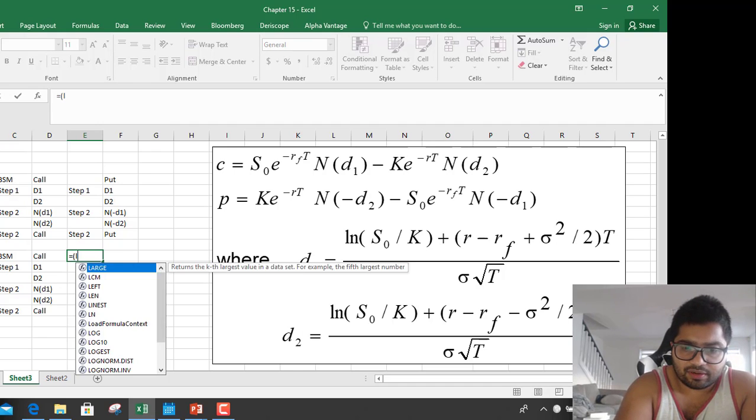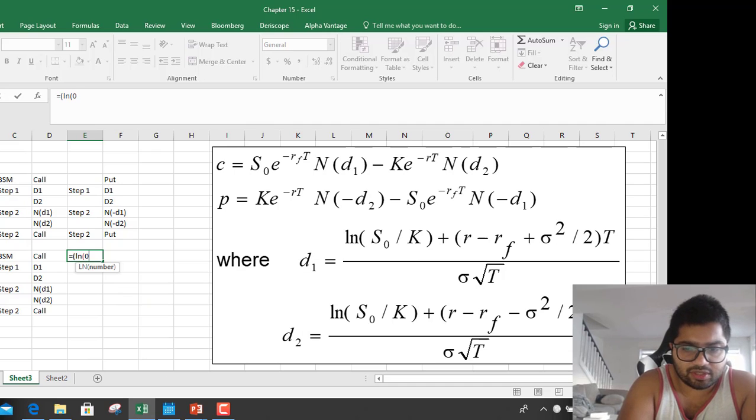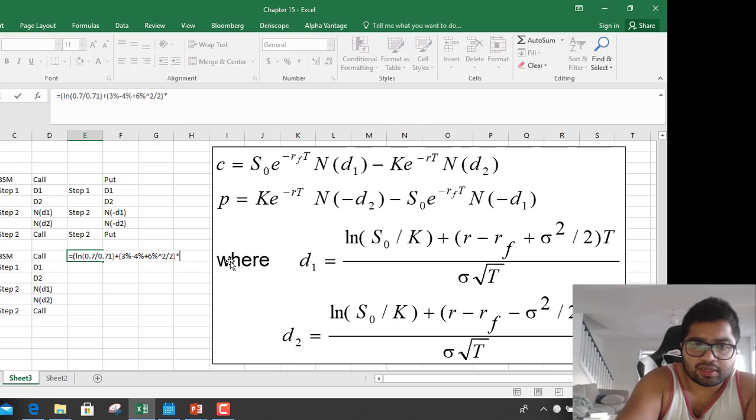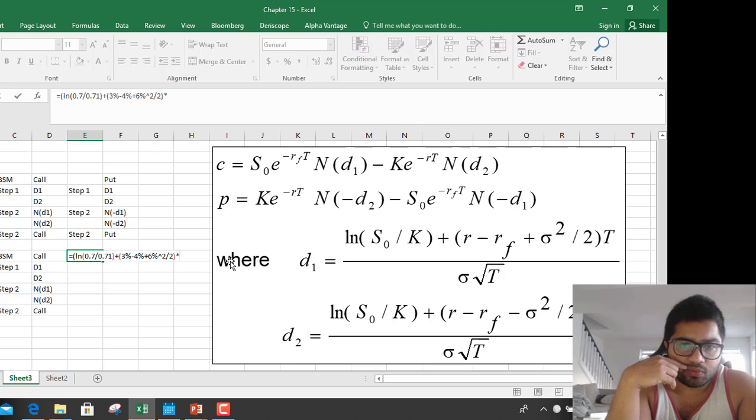So it will be natural log of S0 by K, so 0.7 divided by 0.71, plus R, where R is 3%, minus RF 4%, plus sigma square. Sigma square is 6% to the power 2, divided by 2, because it is 6% to the power 2 divided by 2 times T. T is 1.